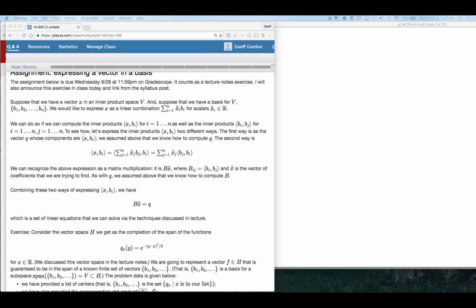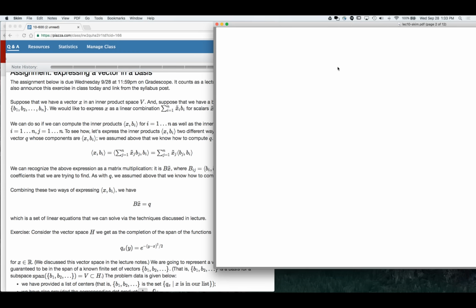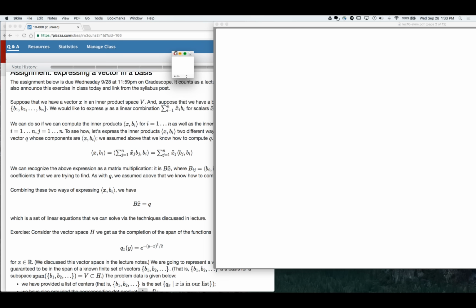Okay, so let's get a whiteboard here. We have a vector space that we're looking at, which we're calling V. I don't know why my pen isn't working right now, but let's hope that we can get it to work. There we go.